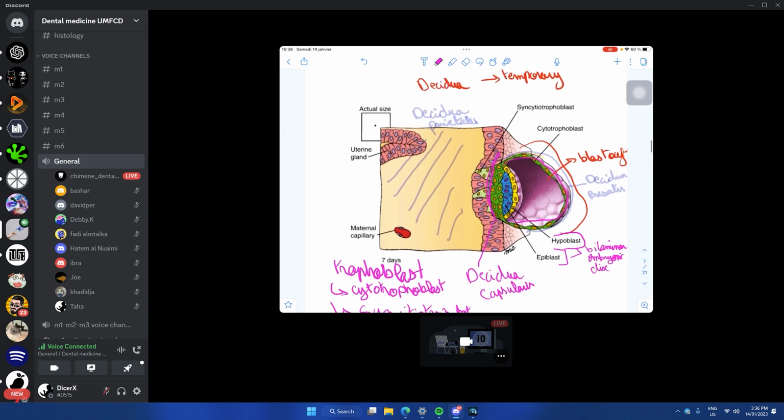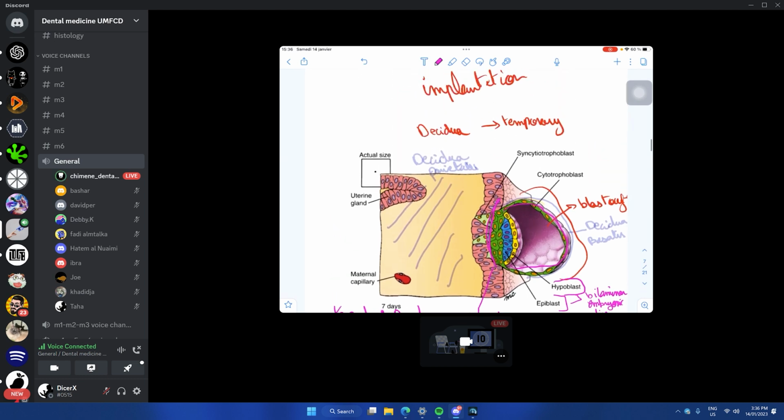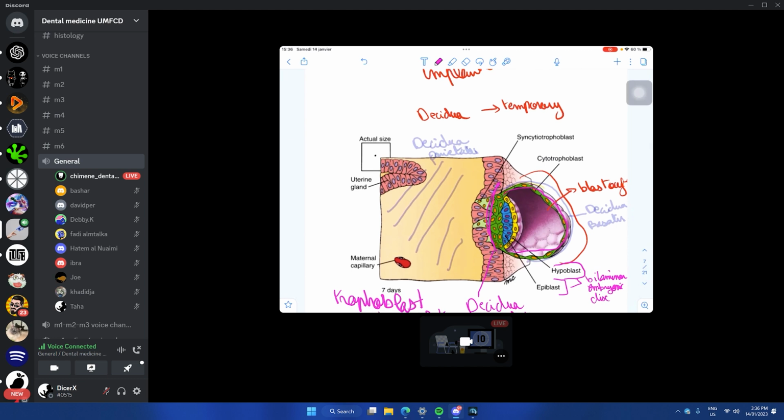So what is the main difference between the cytotrophoblast and syncytiotrophoblast? Syncytio means that you will have syncytium. Syncytium means those cells are undifferentiated, so they don't have any specific role. They are like babies, they don't know what their main goals in life are.